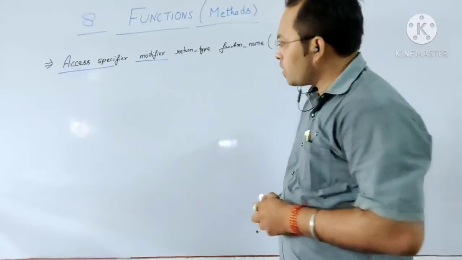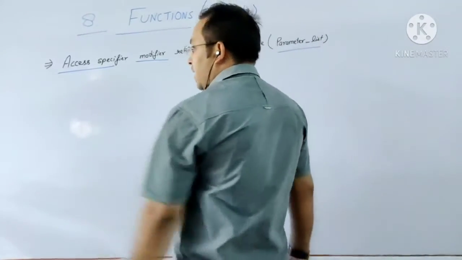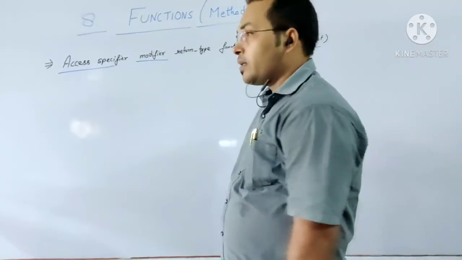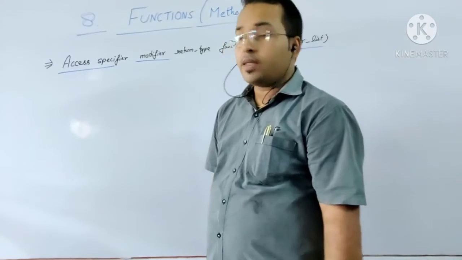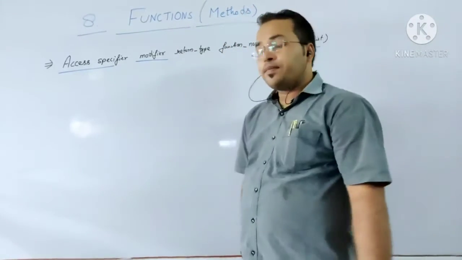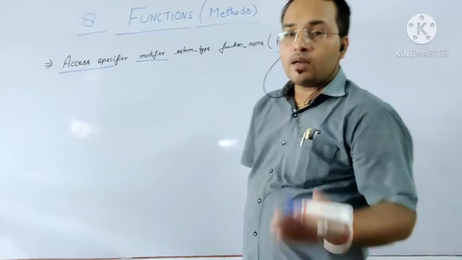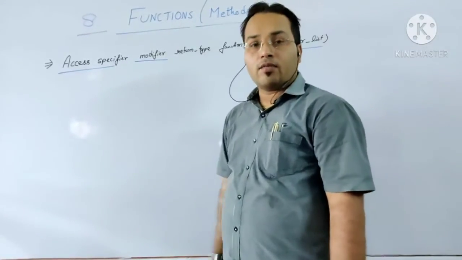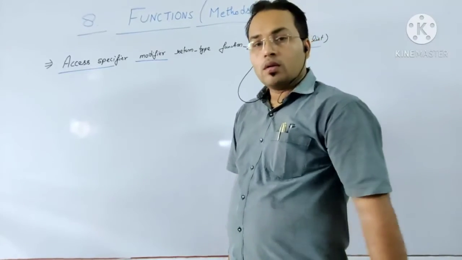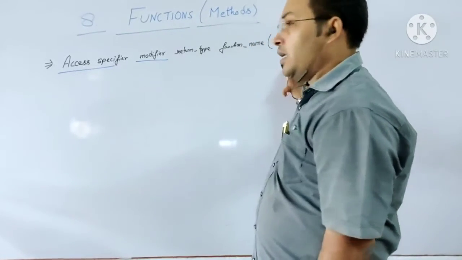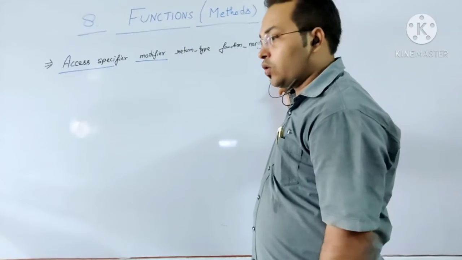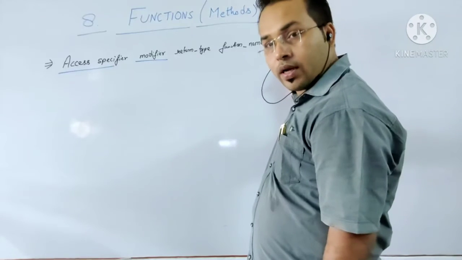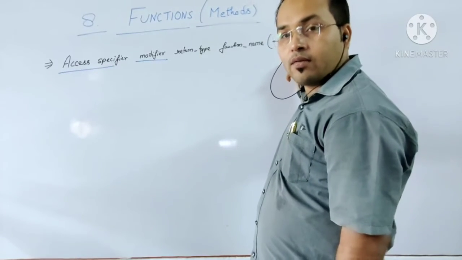Now see, the access specifier means public, private or protected. The modifier: static, final, dynamic. Then the return type: void, int, float, double, long, any type of return. Then the name of the function, whatever name you are going to write. And then the list of parameters, also known as the signature or parameter list, or arguments in a function.